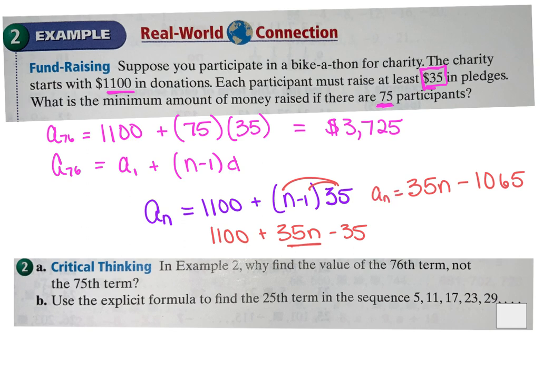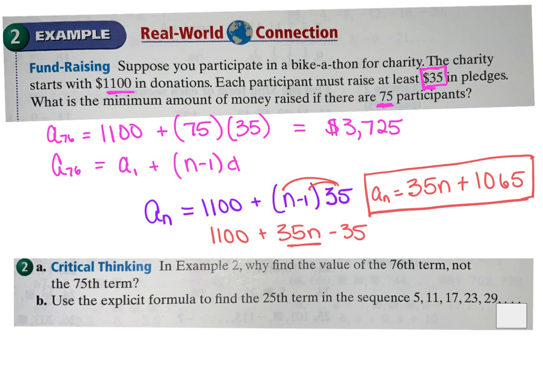And then basically I just plug my n into my formula and I find what it is. So if I had 100 participants, I could plug in 100 and add it to the 1065 and I would get how much 100 participants would bring in. So we have to do it that way. We have to simplify that.